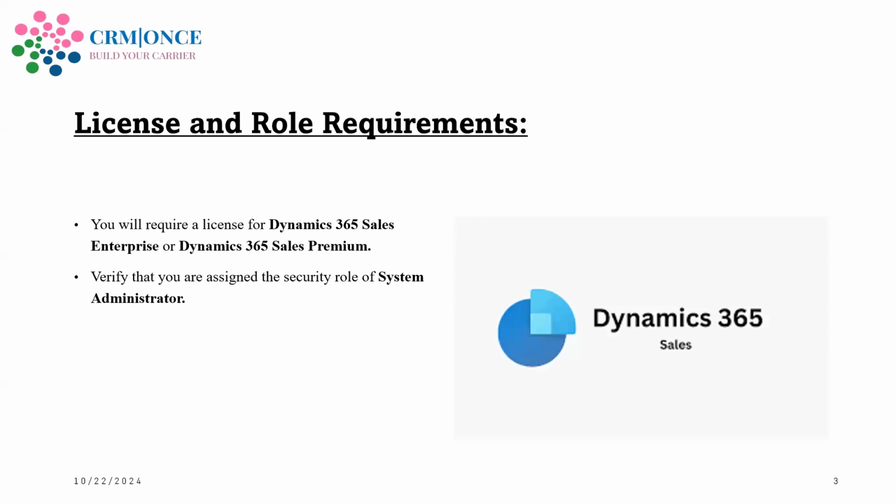The license and roles requirement is that you will require a license for Dynamics 365 Sales Enterprise or Dynamics 365 Sales Premium. And to turn on the Copilot, you need system administrator privilege in the D365 CRM.